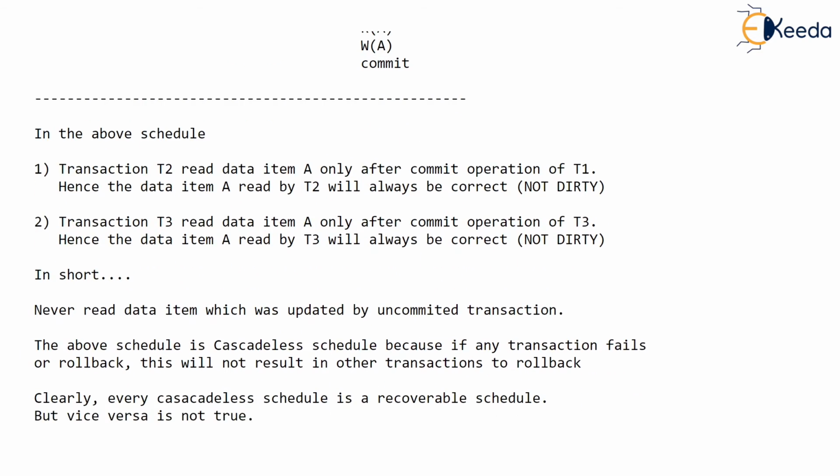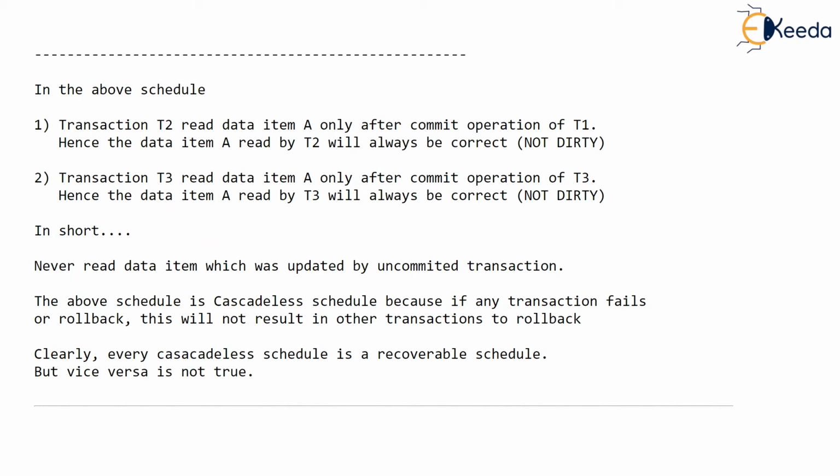Just check that in the above schedule, the transaction T2 reads data item A only after commit operation of T1. Hence, the data item A read by T2 will always be correct, authentic, and it won't be dirty. Similarly, T3 reads data item A only after commit operation of T2.